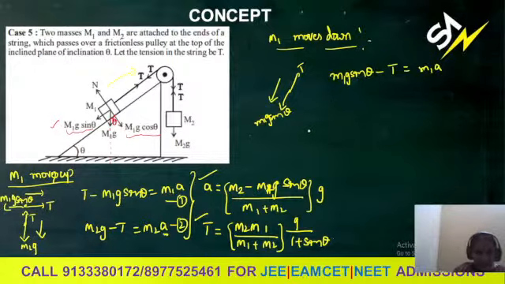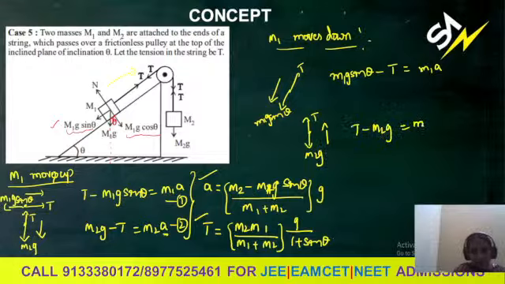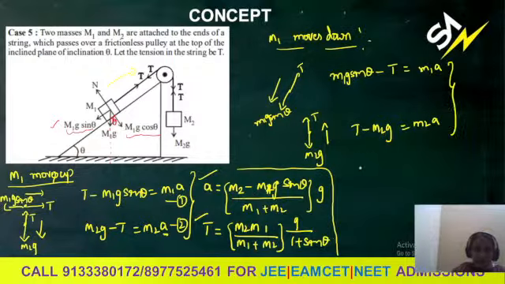And about the second object, this time when M1 moves down, M2 moves up. Direction of motion will be that direction, so along that direction tension will be there. So we can write T minus M2G will be equal to M2 into A. So let us write here common acceleration when M1 moves down.